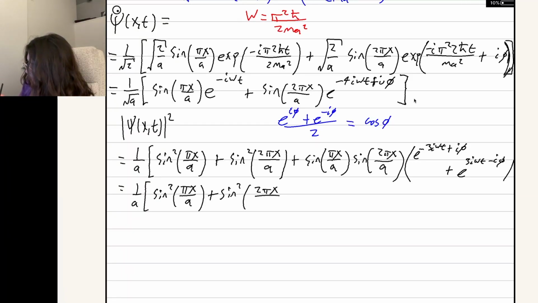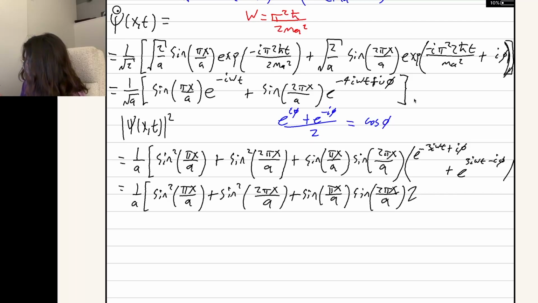We're going to have sine pi x over a sine 2 pi x over a. We're going to have an additional overall factor of 2, and it's going to be cosine 3 omega t minus phi. So again, not too different from what we had before.